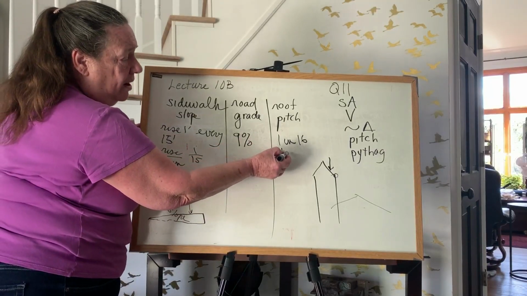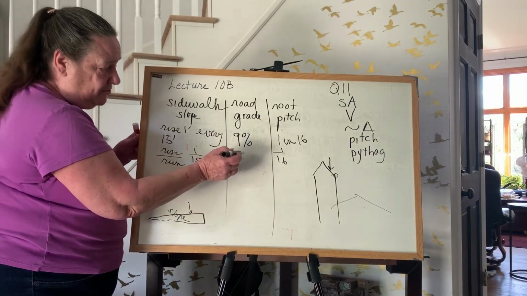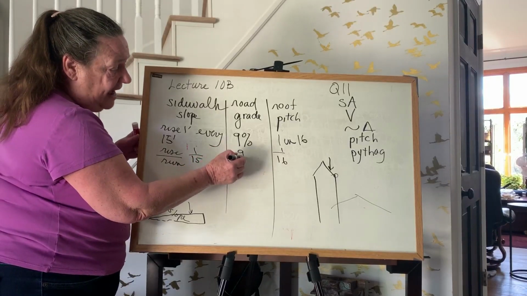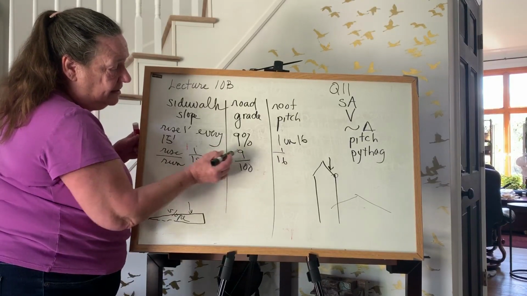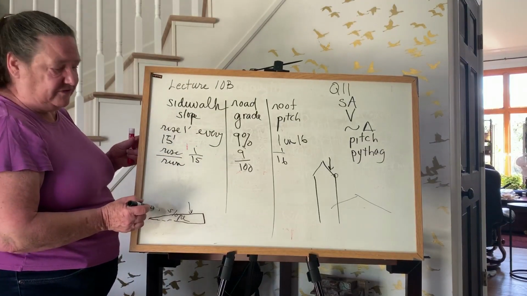So this would be 1 in 16. This would be 9%. You know how to do that as well as I do. That's 9 over 100, because remember we moved the decimal 2 to the left. And this is 1 over 15.